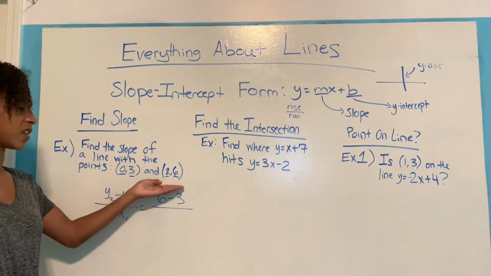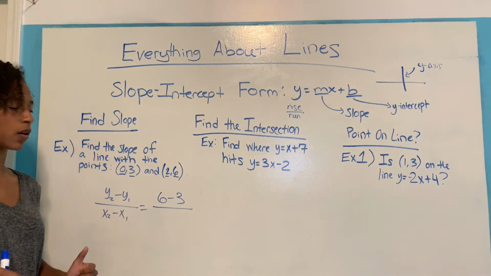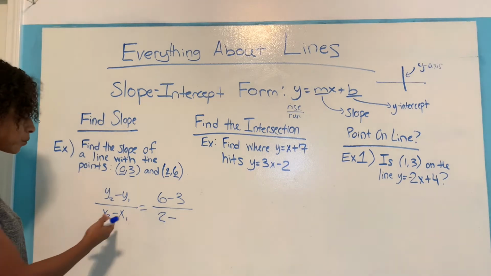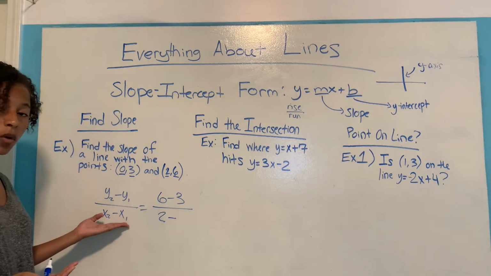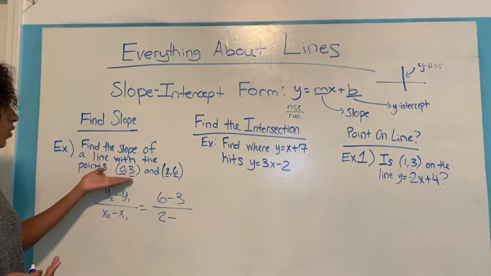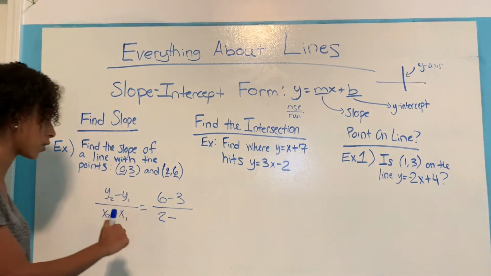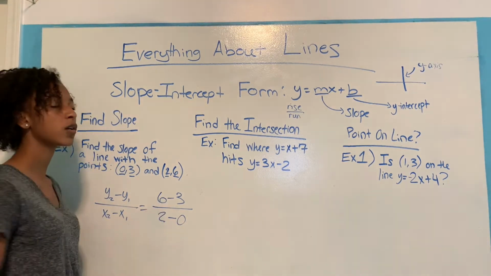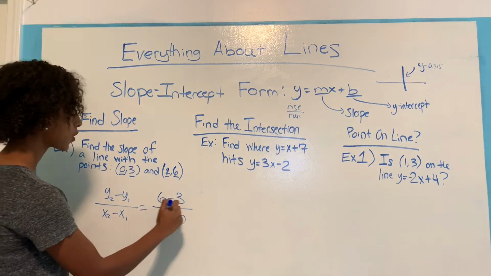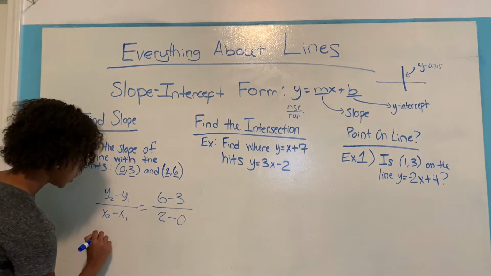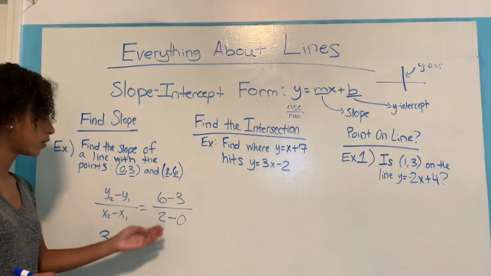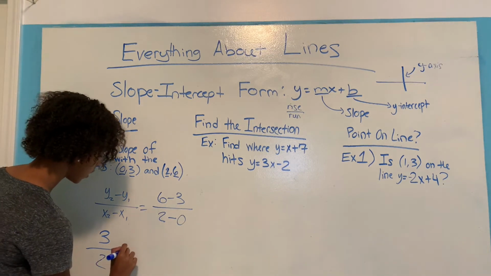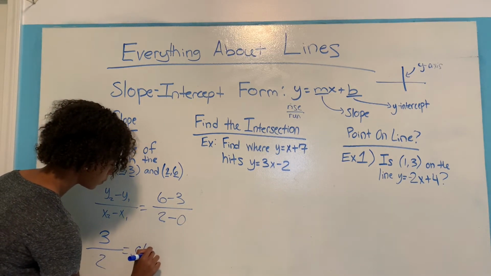You go to the second ordered pair, and the x value is 2. Then you subtract the x value of the first ordered pair, which is 0. Then we simplify this, and it'll help you find your slope. First we have 6 minus 3, which is equal to 3, and then 2 minus 0 is equal to 2. So it's 3 over 2, and that is equal to your slope.